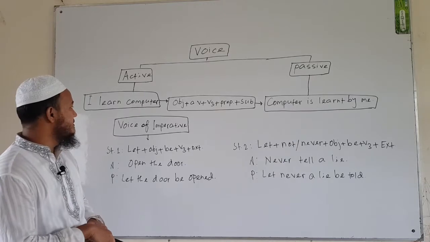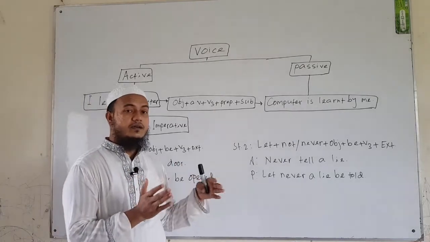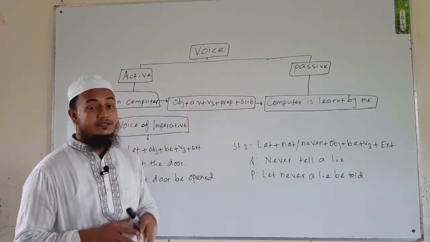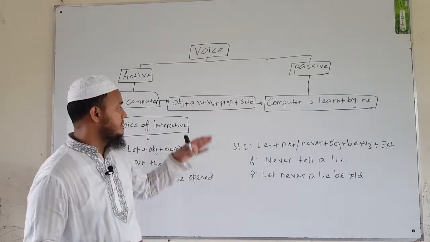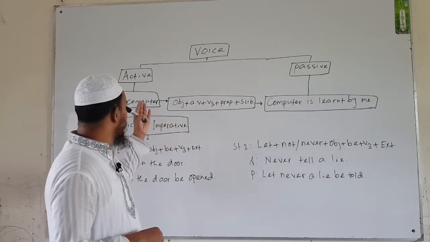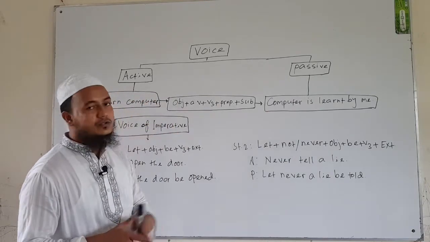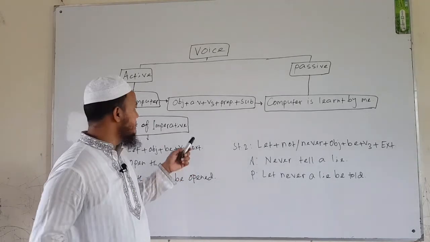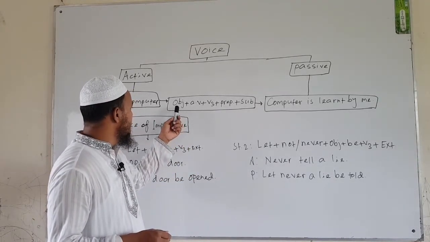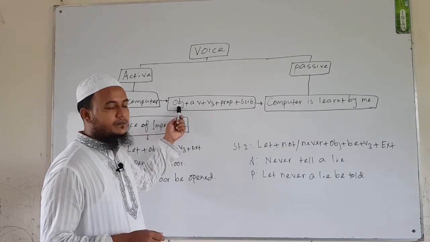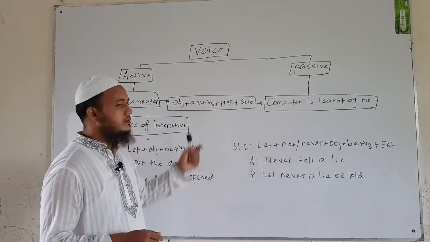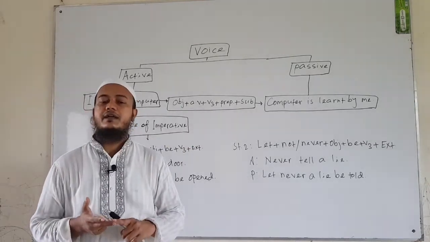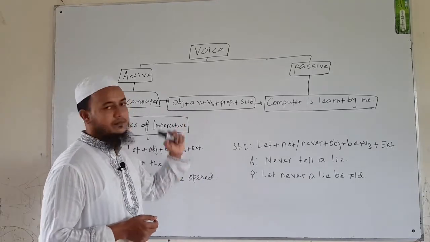And if you want to change this active voice into passive, you must follow a structure, and I must tell you that this is a universal structure for changing active voice into passive, especially for assertive sentences, okay. So look at the structure. First of all, you have to take the active voice object as the subject of the passive voice, okay. And then according to number, person and tense, I repeat, according to number, person and tense, you will have to use an auxiliary verb, okay.